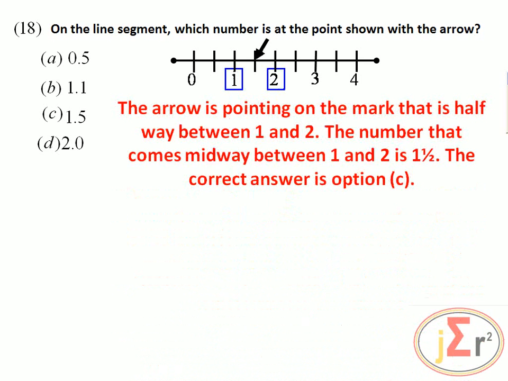There is your arrow shown on the line, and we need to know which number is at that point. The arrow is pointing on the mark that is halfway between 1 and 2. The number that comes midway between 1 and 2 is 1.5. The correct answer is option C.